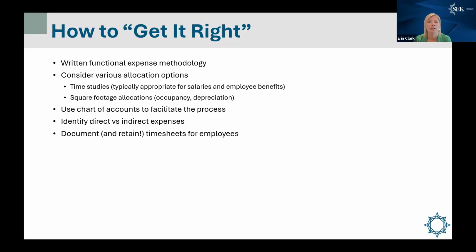Maybe it's allocating across departments to better track within programs. Again, that is going to be dependent on your specific organization. Please don't overcomplicate it if you don't need to, but to the extent that the chart of accounts can help, definitely consider that as an option. Be able to properly identify direct versus indirect expenses.